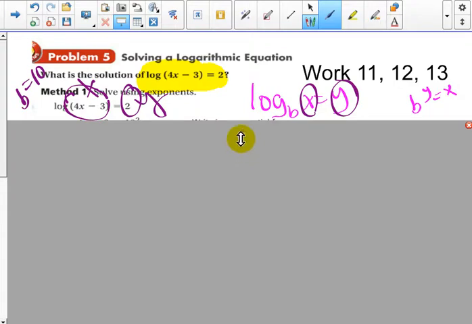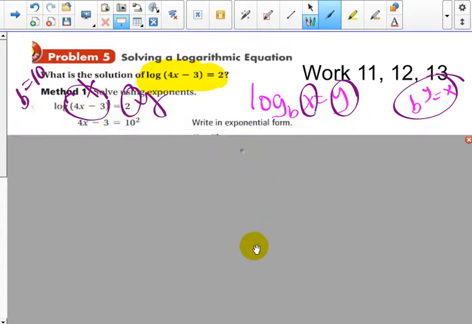Now, how can we convert that to our exponential form? Well, b to the y power equals x. So b, which is 10, to the y power, which is 2, so 10 squared equals x, which is 4x minus 3. So we can say 4x minus 3 equals 10 to the second power. Everybody see that?